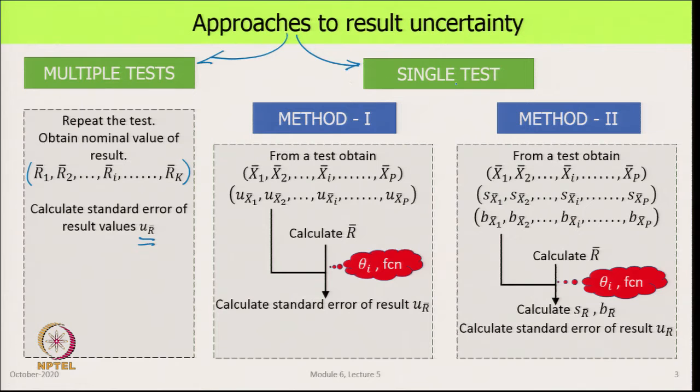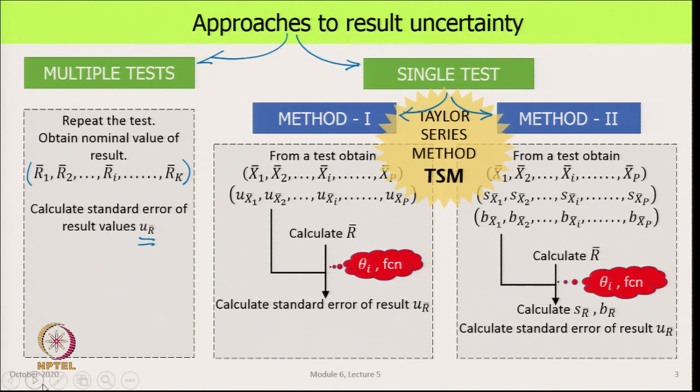The other option was doing a single test, which we said could follow method 1 or method 2. Both are based on the Taylor series method or TSM. In method 1, we calculate the standard uncertainty in each measurement and then use that to calculate the standard uncertainty of the result.